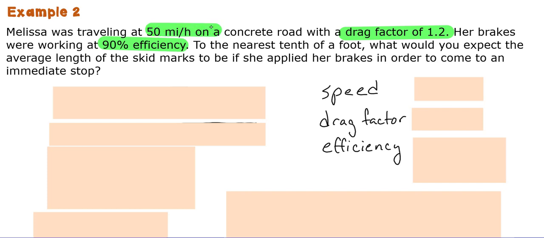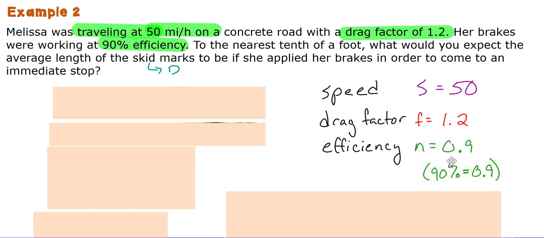So in this case, we're looking for the D. We don't know what the skid length is. The skid marks are the D variable. What we do know is the speed is 50, so S equals 50. We know the drag factor, F, is 1.2, and the efficiency is 90%, so that means it's 0.9 for our formula.